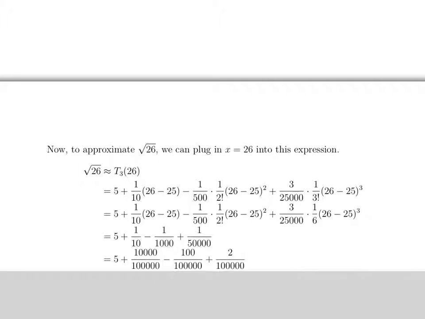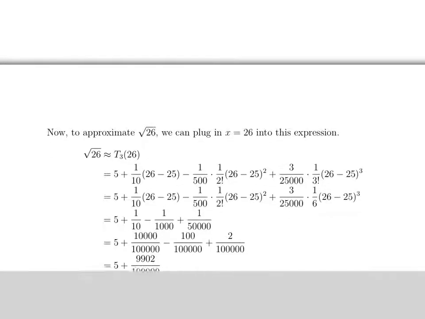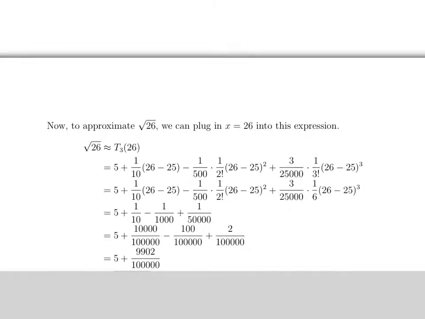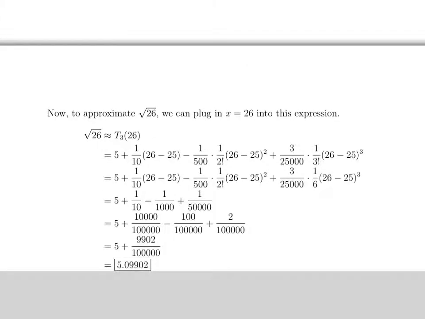I'm going to leave you with the details of getting this common denominator together. Now if you make that into a single fraction, you'll get something that looks like this, and that can be very easily made into a decimal. This is our approximation for the value of the square root of 26.